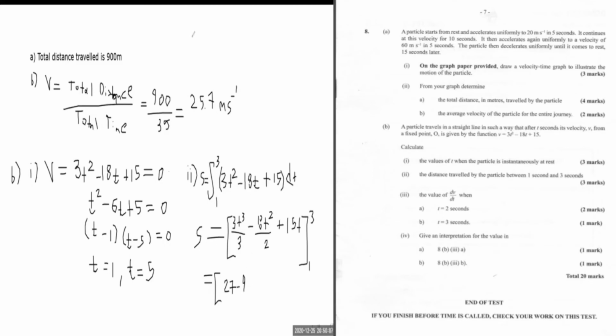Oh, my apologies, I forgot to multiply. 18 over 2 is 9, and 3 squared is also 9, so it's 27 minus 9 times 9, plus 15 times 3. And then of course we're subtracting when we plug in 1. 1 cubed is 1, minus 9, then 1 times 15 is 15, so plus 15.